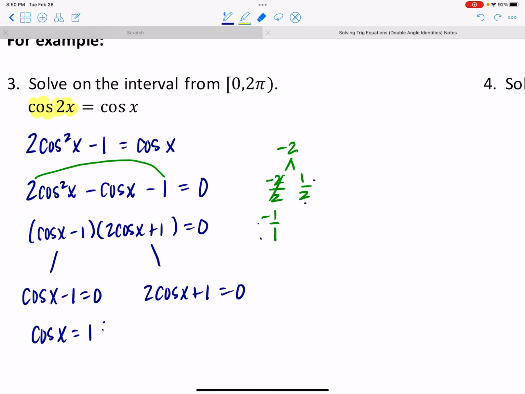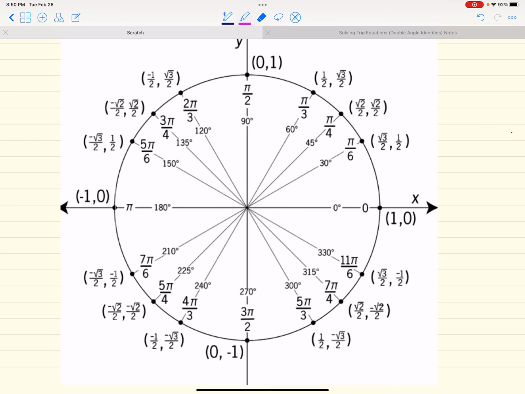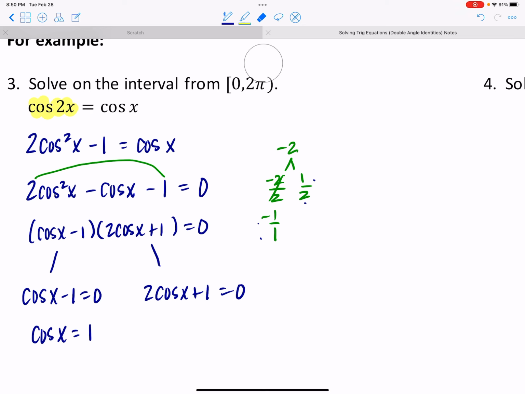Maybe you don't need a unit circle for that. That's going to happen right here at 0. And technically, we could loop around and say that's 2 pi, but 2 pi is not included here. So x equals 0.